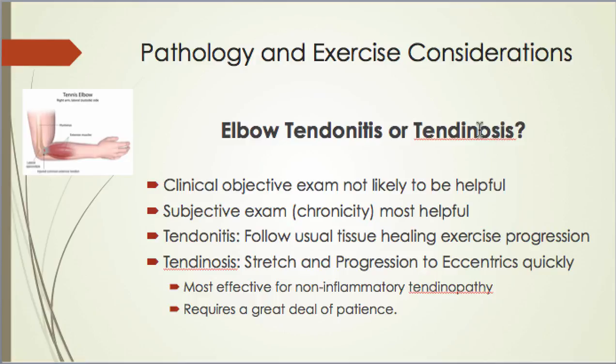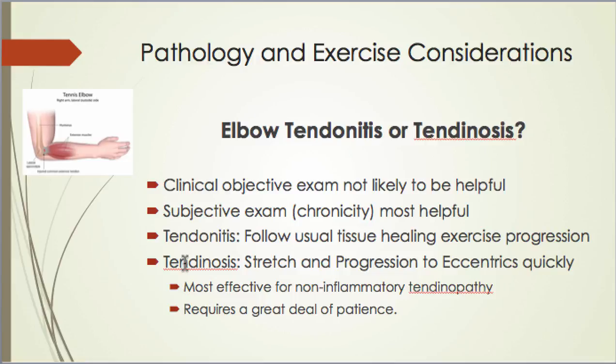So if it's been 8 weeks, 10 weeks, 3 months, 6 months, it's almost certainly degenerative tendinosis. So with a tendinitis, we follow the usual tissue healing exercise progression with range of motion, stretching, isometrics to concentrics to eccentrics, that process.